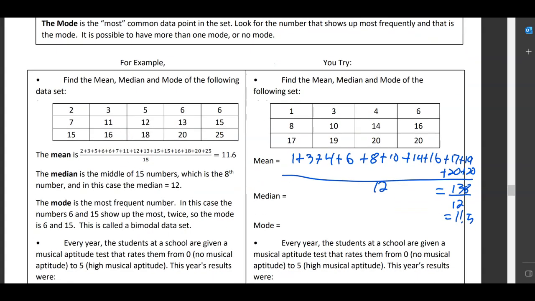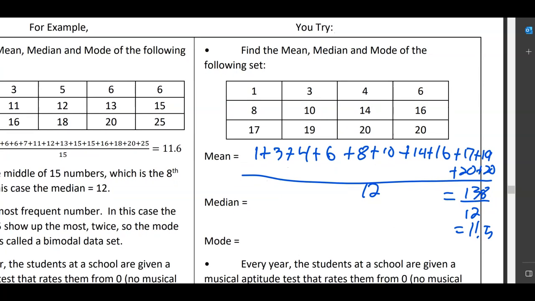I should just make this bigger, give myself some more room. So the mean is 11.5.